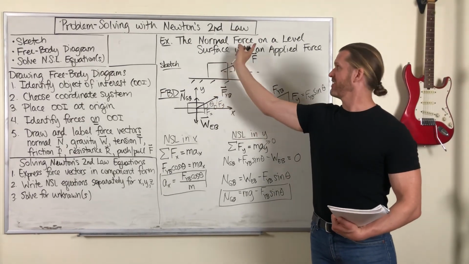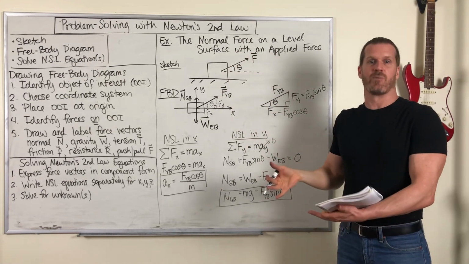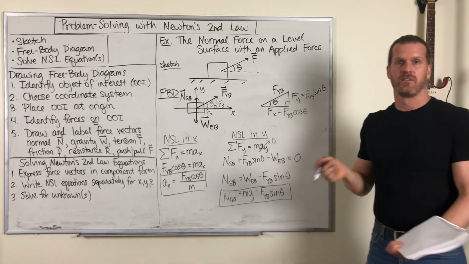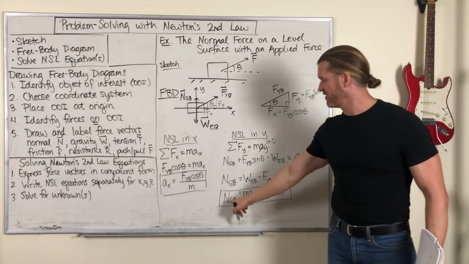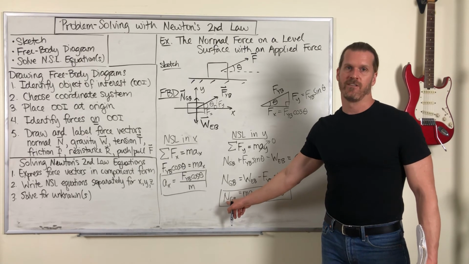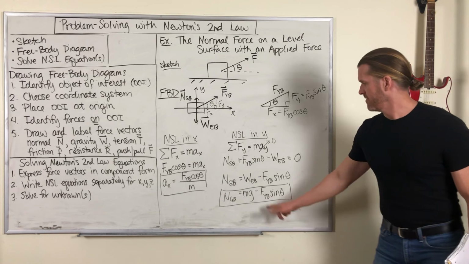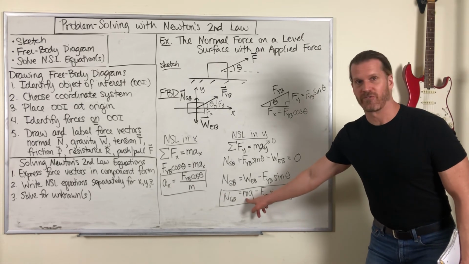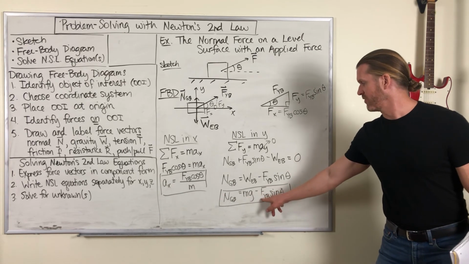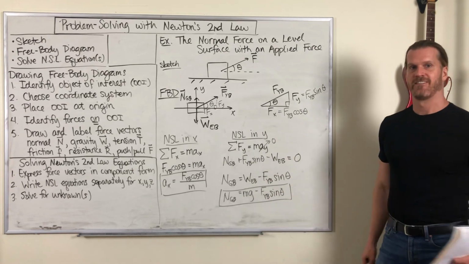You're directing this applied force slightly upward, so it's like you're lifting the box a little bit. That means the ground doesn't have to apply as much upward force to keep the box from falling. So the normal force the ground applies is reduced by the amount of lift that you're giving it.